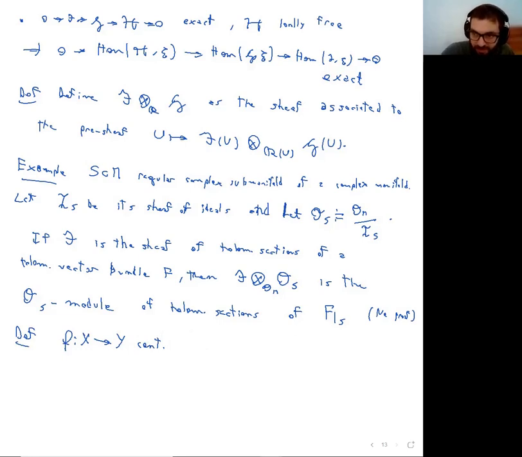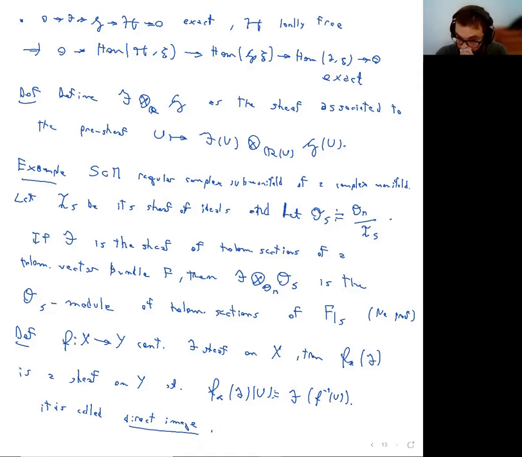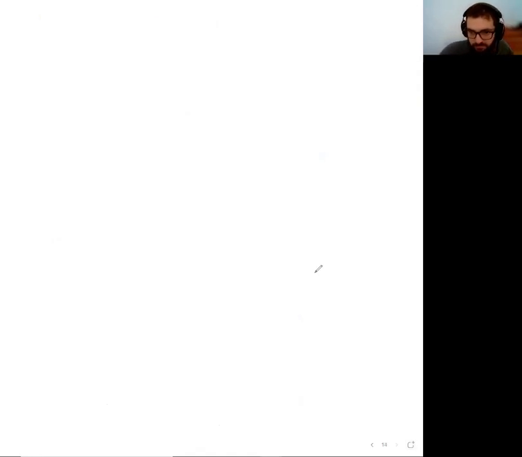So let's take a continuous map between manifolds, and let's take a sheaf F on X. Then we define f lower star F, a sheaf on Y, such that f_*F(U) is nothing but F(f inverse of U). It is called the direct image sheaf.